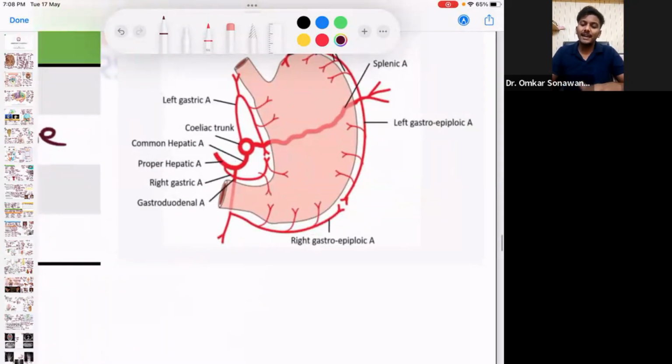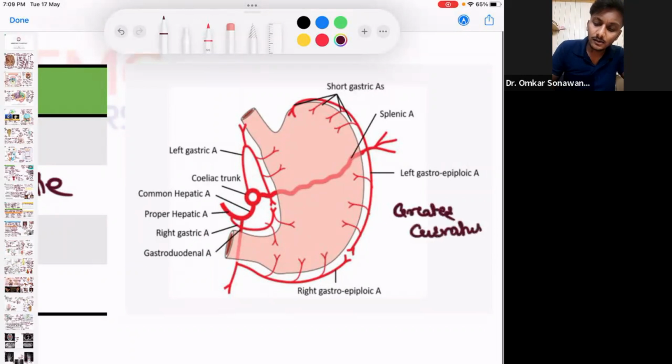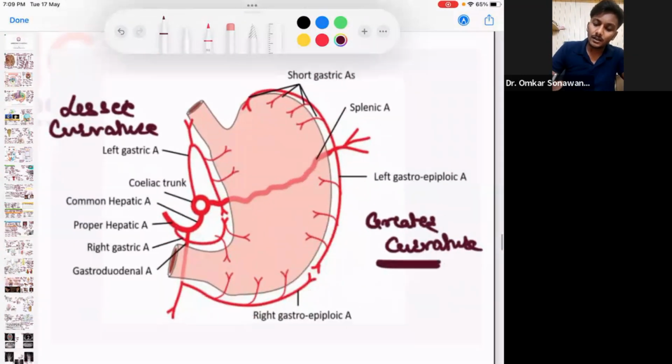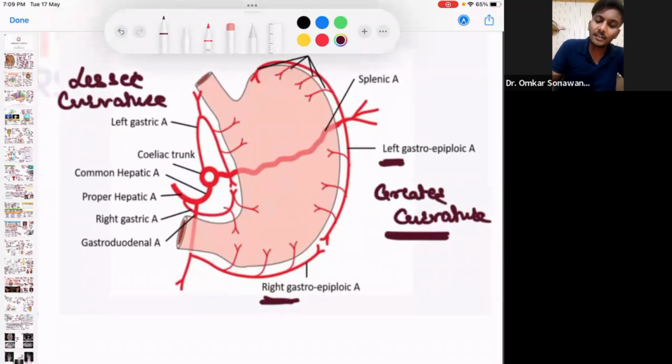Stomach का blood supply एक दो बार पूछा जा चुका है, important है. Okay, so this one, the longer border that you can see, it is known as the greater curvature. The shorter border is known as the lesser curvature. Important if they ask you, the greater curvature is supplied by the left and right gastroepiploic artery.